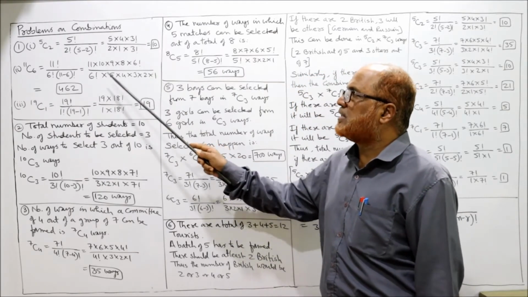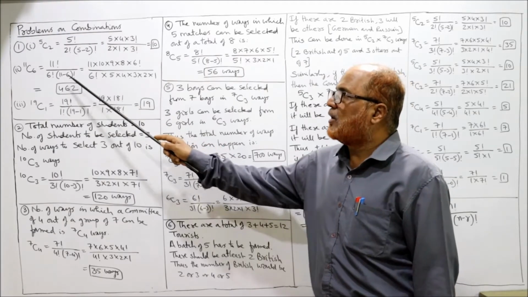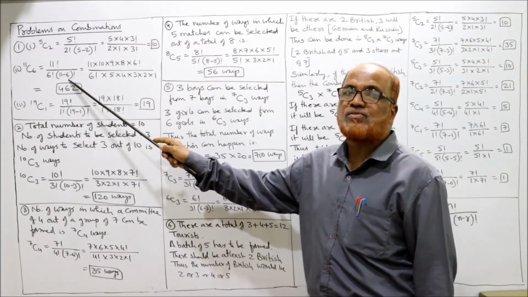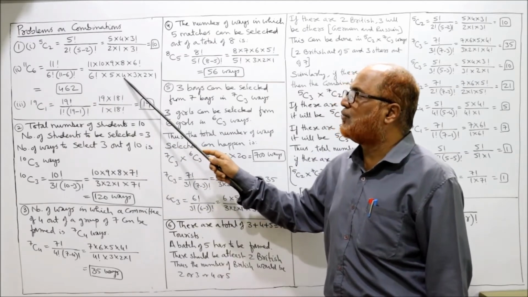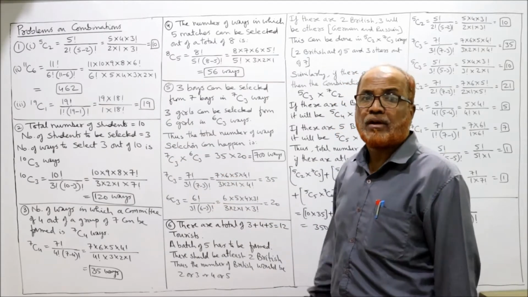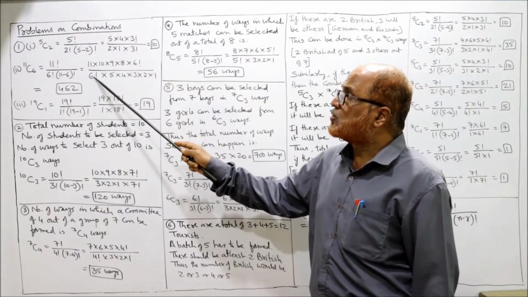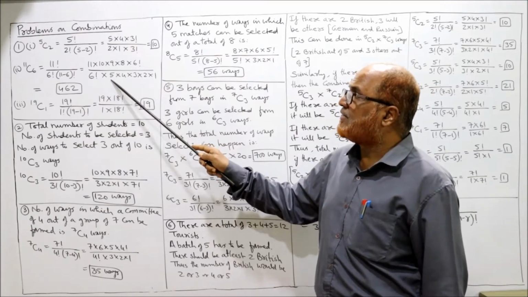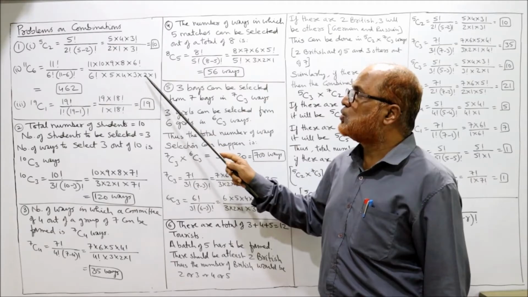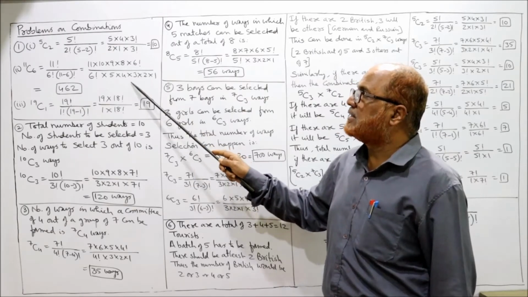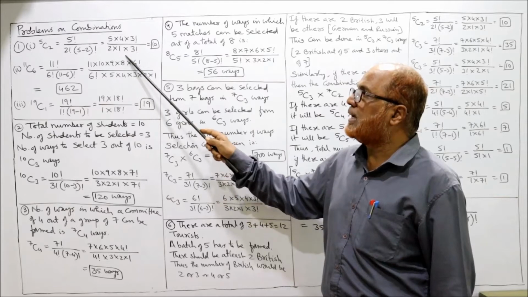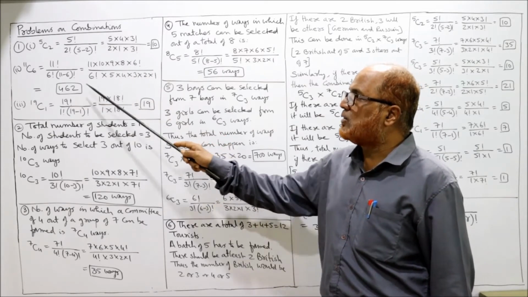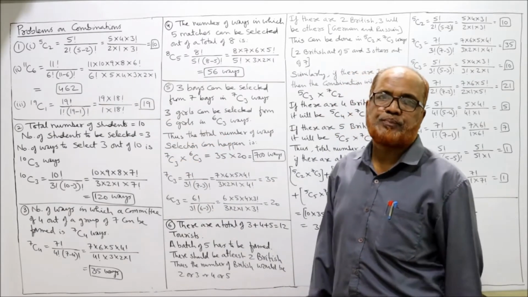Now 11 minus 6 is 5, so 5 factorial, which means 5 into 4 into 3 into 2 into 1. 5 1s are 5, 5 2s are 10. This 2 will get cancelled. Then 3 1s are 3, 3 3s are 9. Then 4 2s are 8. If you cancel all these values, you will get 462.